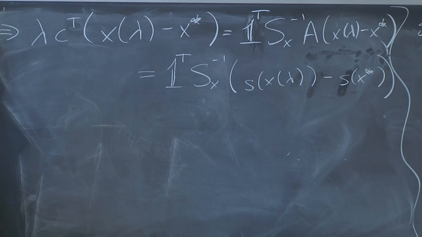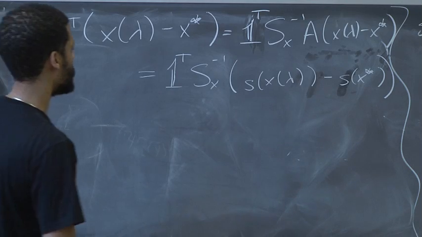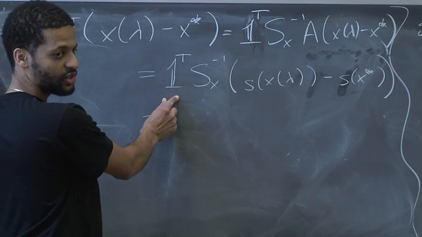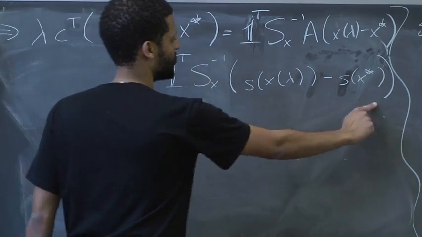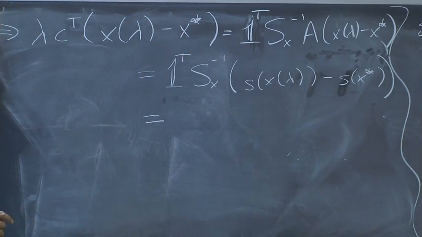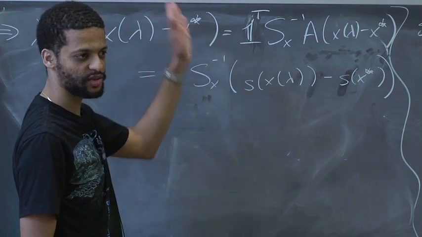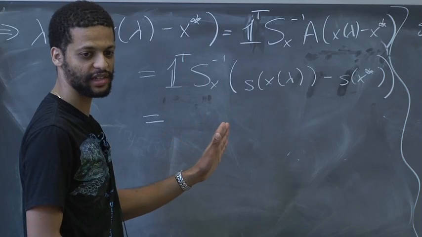But then this dot product, we're taking the all ones vector dotted with this vector. So this is some diagonal matrix where each diagonal entry is 1 over the slack in some coordinate.